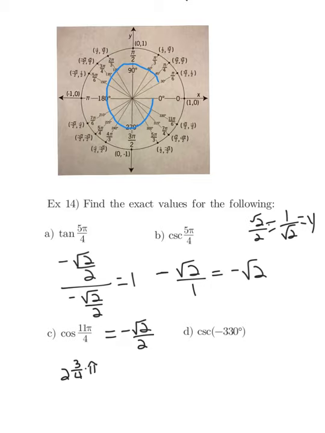You just don't go those last 30 degrees. So we're ending here. The cosecant is the reciprocal of sine, and the sine is the y-coordinate. So the reciprocal of the y-coordinate at this point would give us 2 over 1, which just equals 2.